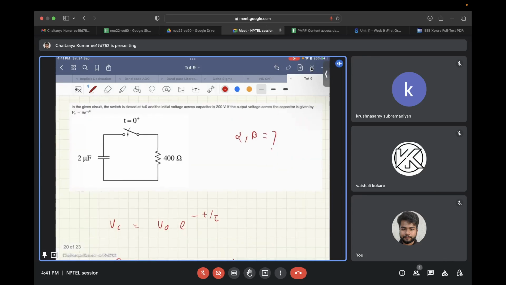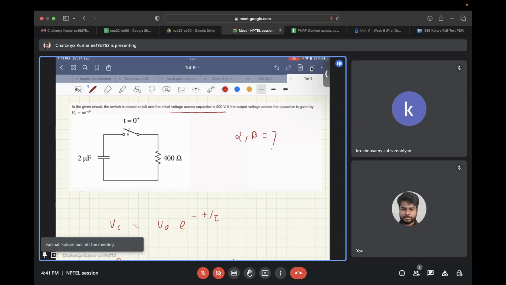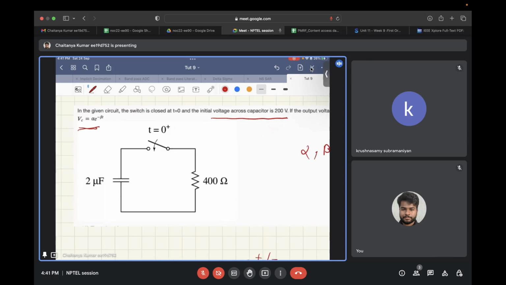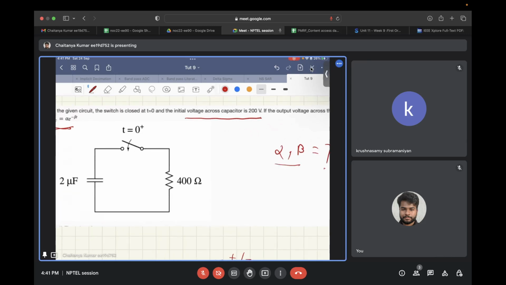In this, again, in the given circuit, the switch is closed at t equal to 0, and the initial voltage across this capacitor is 200 volts. It is given that the capacitor voltage with respect to time is equal to alpha into e to the power minus beta t, and you need to find the value of alpha and beta.